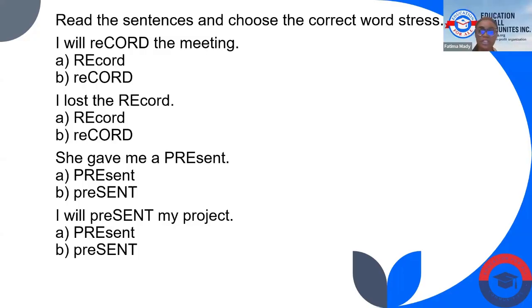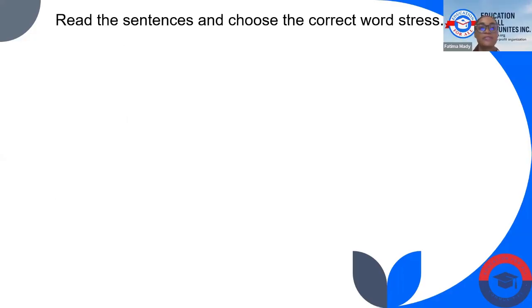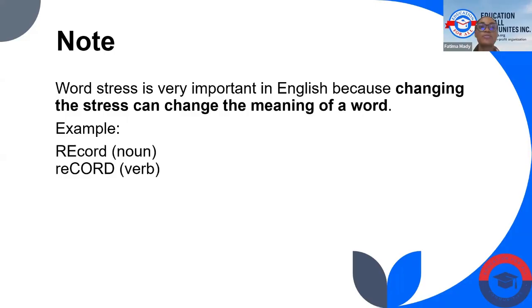It's not teacher, it's teacher. So there is a part of the word that is louder, stronger and clearer than the other part. That is what we call stress. The stress is on teacher.